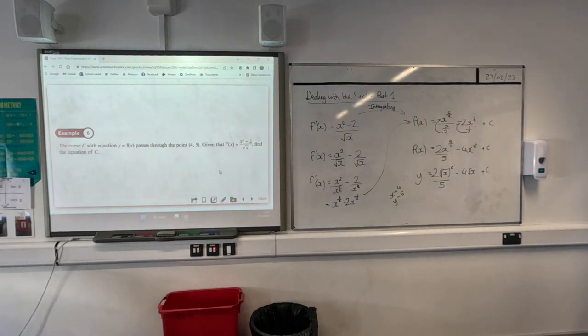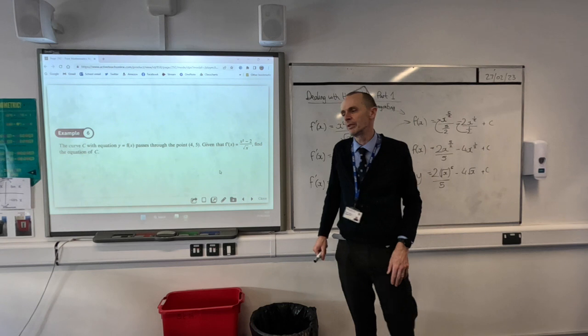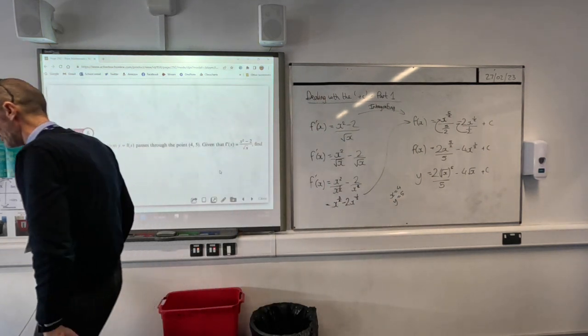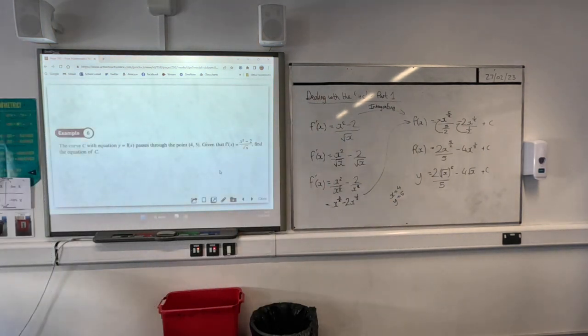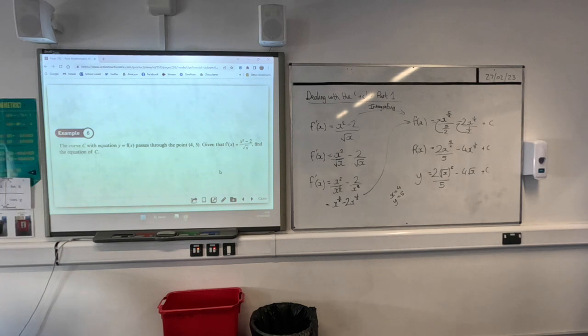And that's why I wanted to rewrite it as square roots. I mean, we could have used our calculator at that point, but I think it's good if we can do these things a little bit manually. So make x equal to 4, so the square root of x is 2, and make y equal to 5, and you should be able to work out what c is.